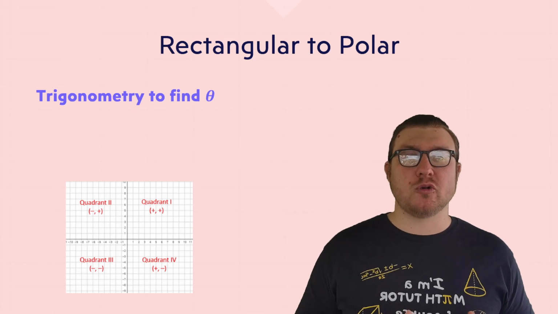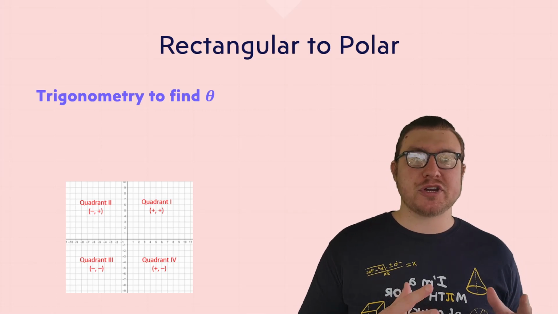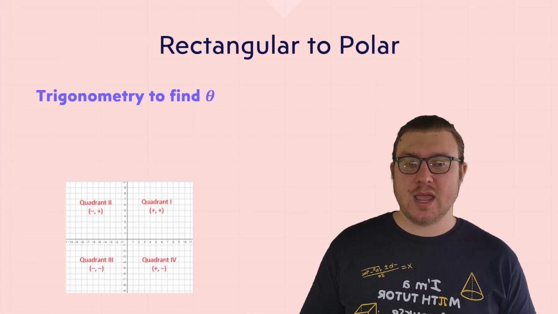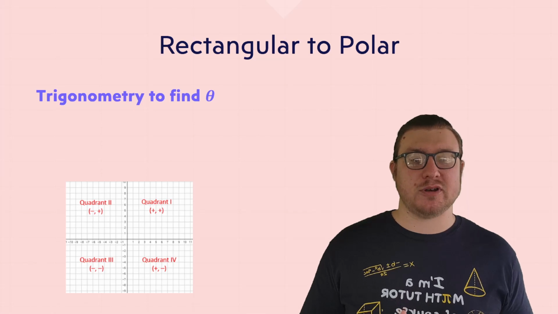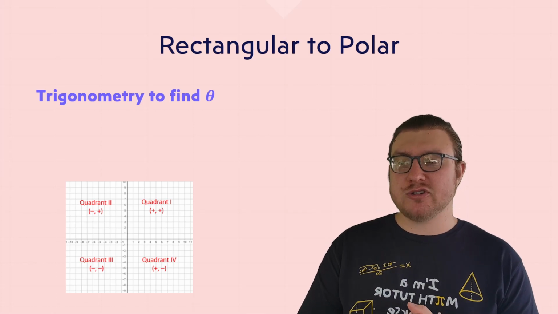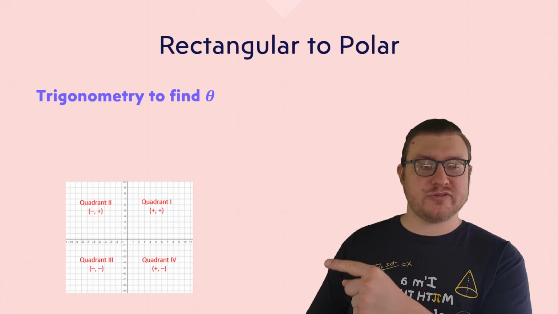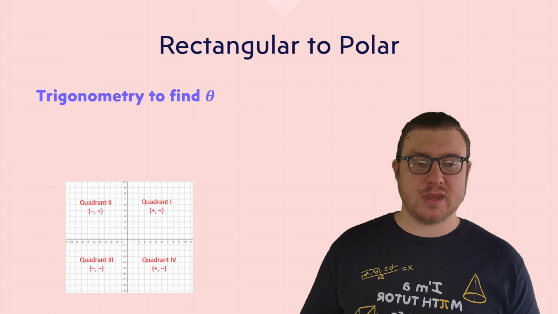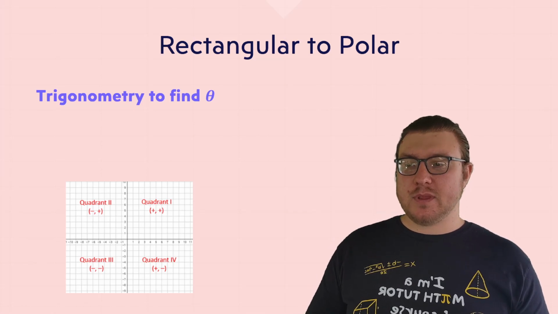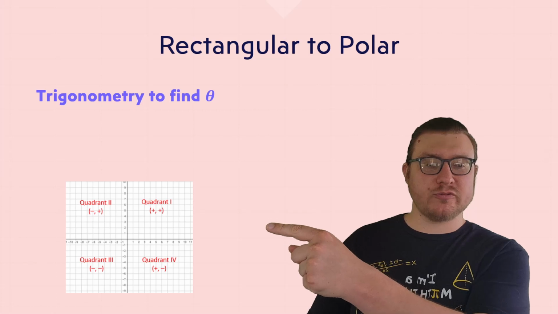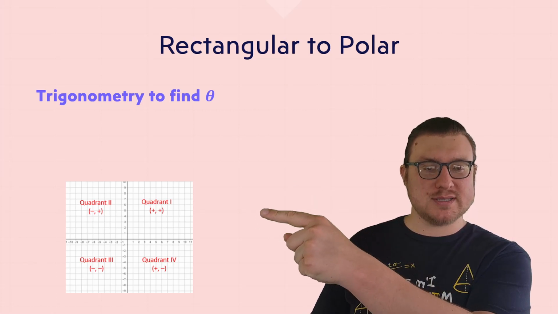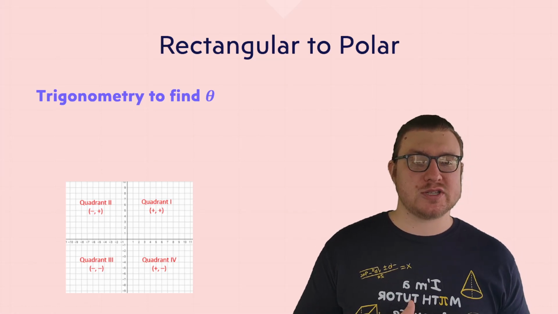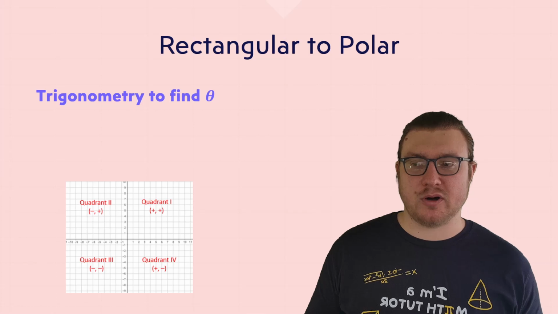I recommend drawing a diagram every time you transfer from rectangular to polar form. And it doesn't have to be accurate. The only part that we're interested in here is in which of those 4 quadrants our complex number is in. Now, you can see the quadrant 1 has positive real, positive imaginary, and you can kind of think of which one you're in just by using your knowledge about coordinates.